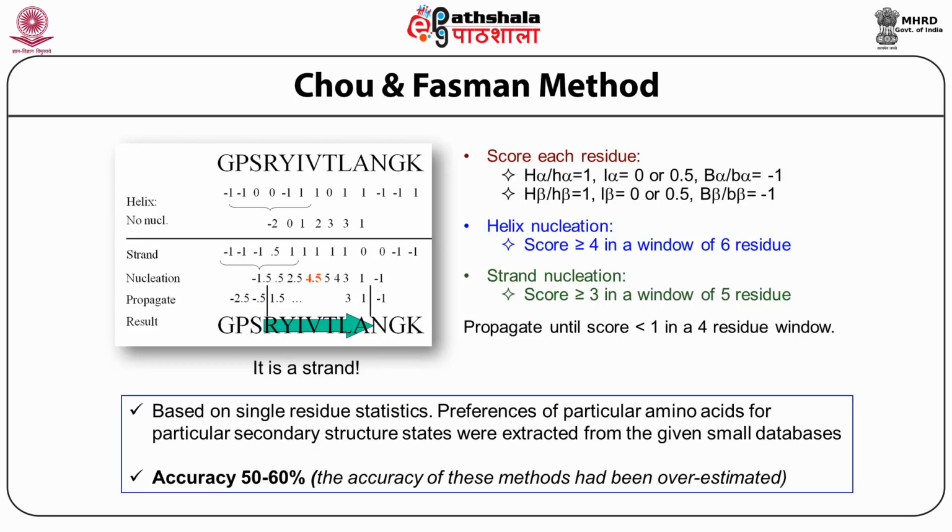It first performs a search linearly through the sequence for a nucleation region of high helix or strand probability, and then extends the region until a subsequent 4-residue window has a probability of less than 1.